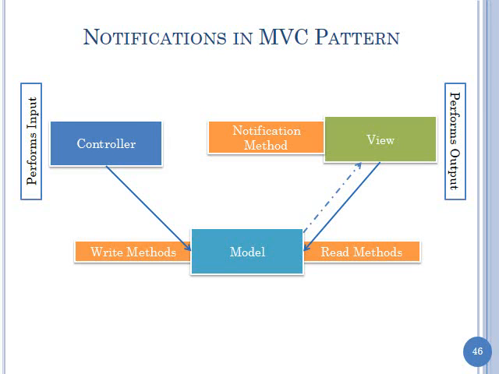These are just notification methods saying I've changed, and this is how I might have changed. For the model to call notification methods in the view, there must be a registration method in the model that the view can call to say, hey, I'm interested in becoming your observer. So we have a little bit more elaborate scheme now.